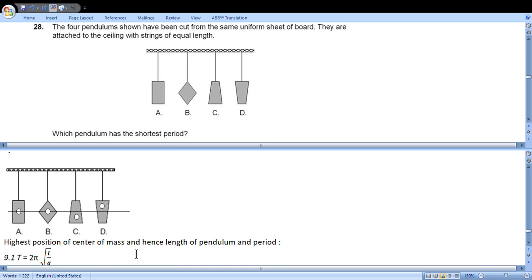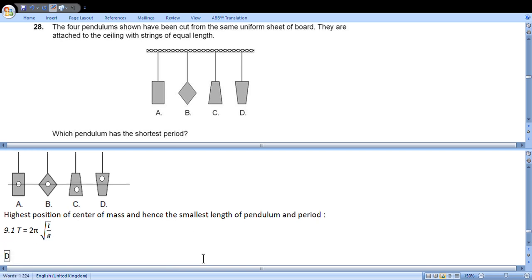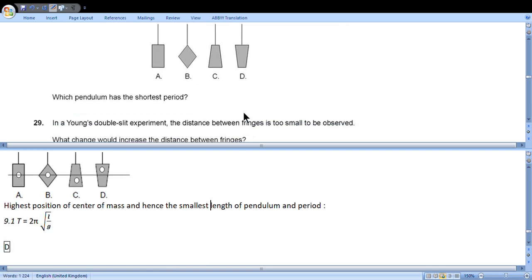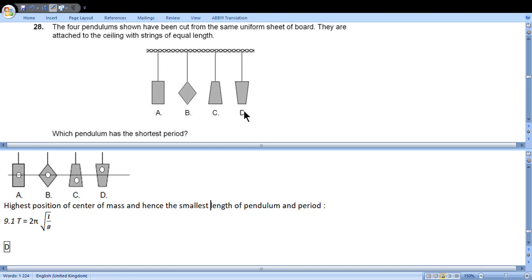Highest position of center of mass means the smallest length of pendulum and the shortest period. Choice D.